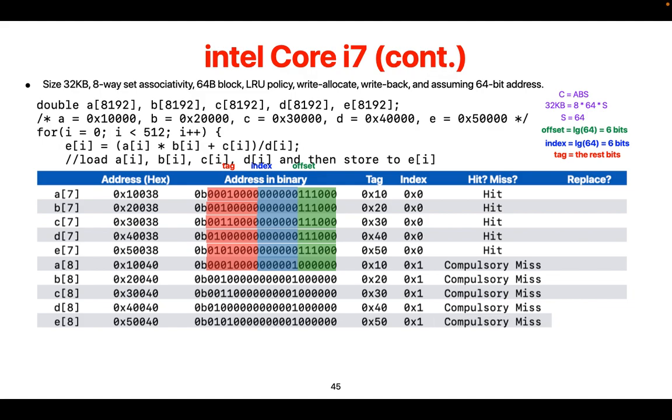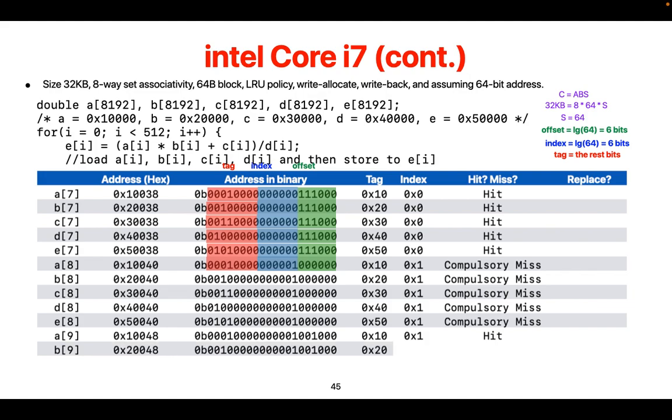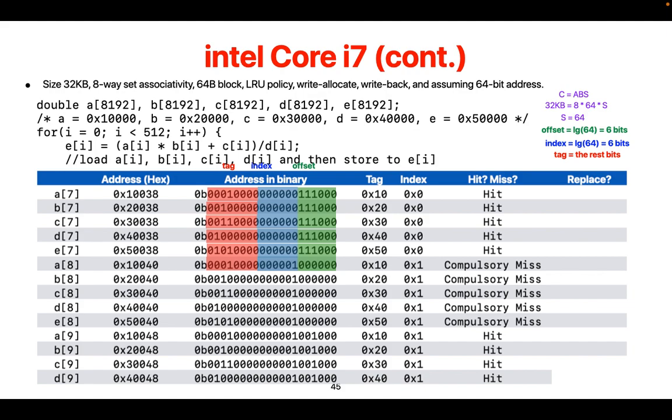The only thing you have to think about is how we can improve compulsory misses for this piece of code, right? So if you don't understand the root cause of your cache misses, you're not going to do the right thing. So it's important to do the right thing, as I mentioned several times.